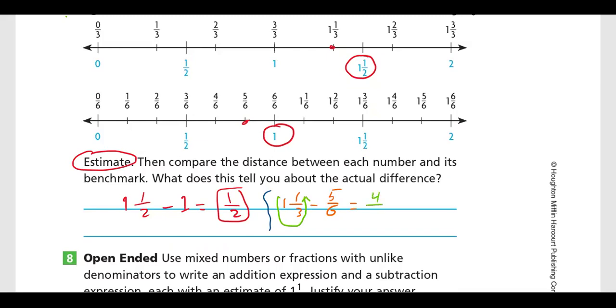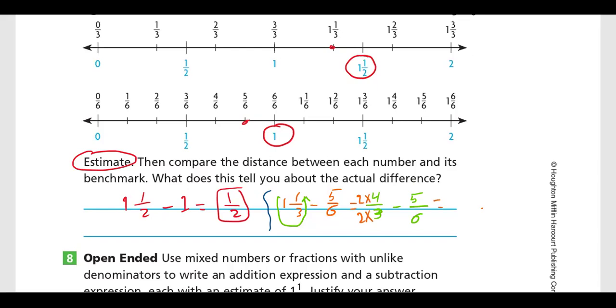It will be 4 over 3 minus 5 over 6. How can we make the same denominator? How can we make 3 into 6? We can multiply by 2 up and down. So it becomes 8 over 6.